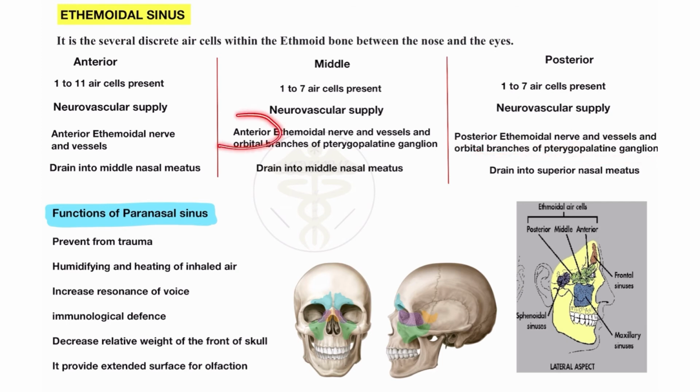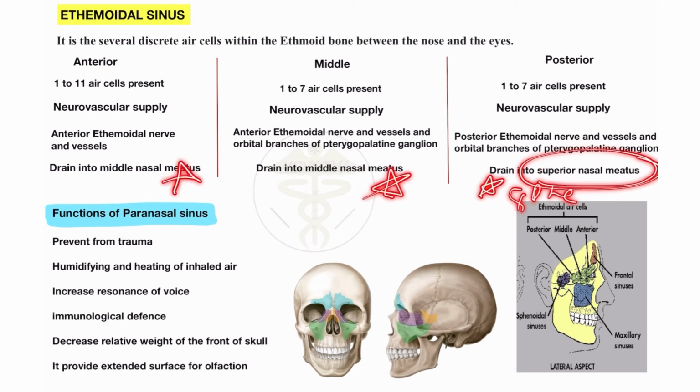These supply the posterior part of the ethmoidal sinuses, which drain into the superior nasal meatus, the same as the sphenoid sinuses. This is very important, drainage of the sinuses.